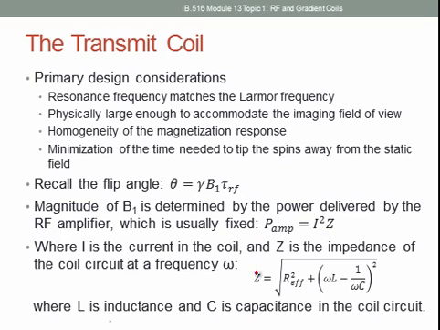And the Z here is the square root of R squared effective plus this, which is the same thing I showed before, XL minus XC. So this is inductive reactance, 2 pi FL, minus 1 over 2 pi FC. And for the most part, R squared effective is the resistance of the body or the sample that we're imaging.